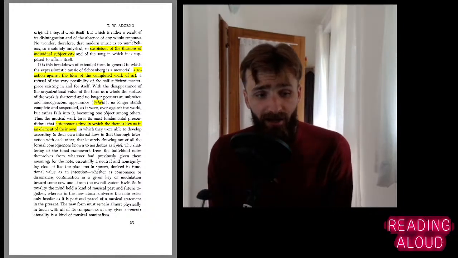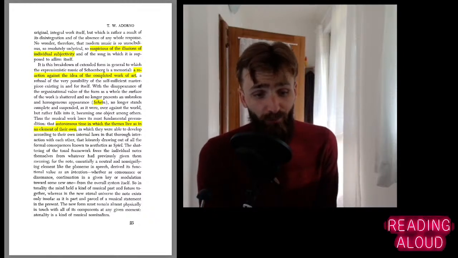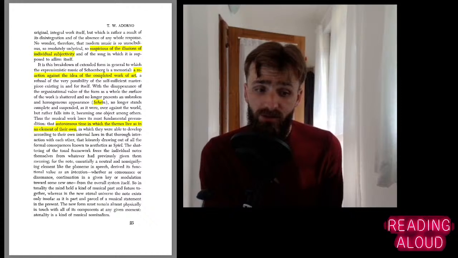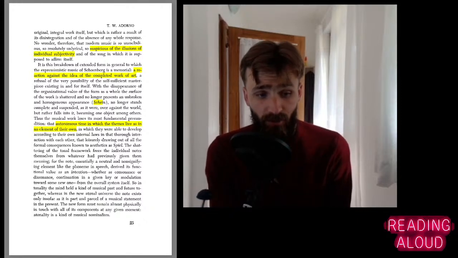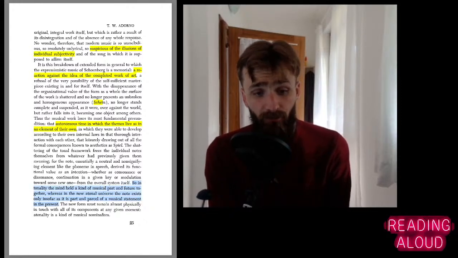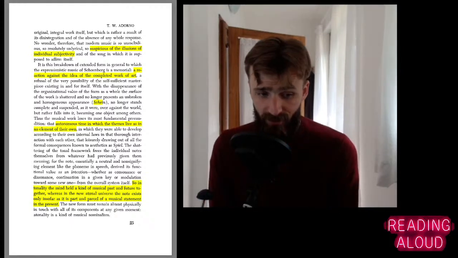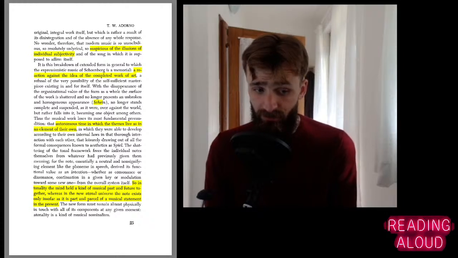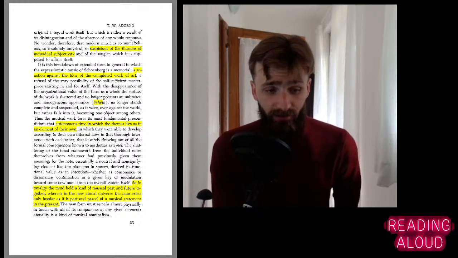So in tonality, the mind held a kind of musical past and future together, whereas in the new atonal universe, the note exists only insofar as it is part and parcel of a musical statement in the present. The new form must remain almost physically in touch with all of its components at any given moment. Atonality is a kind of musical nominalism.